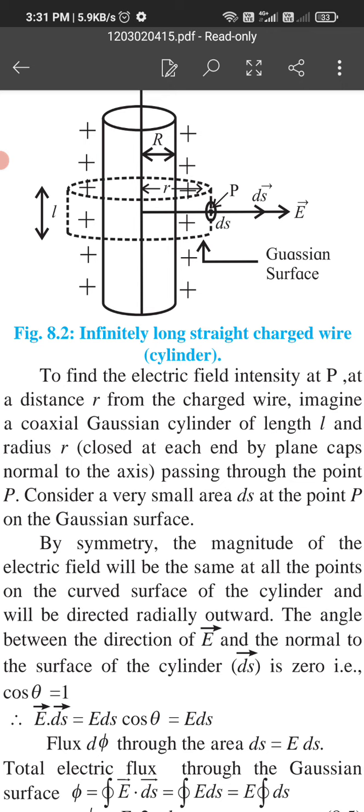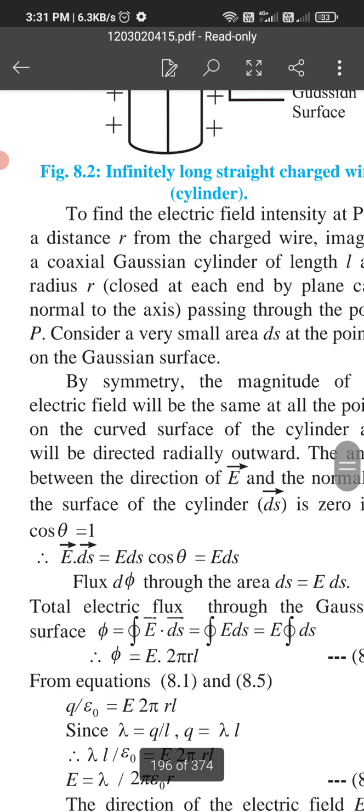The electric flux through area ds is equal to E ds, then total electric flux through the Gaussian surface phi is equal to integral E vector dot ds vector is equal to integral E ds, which is E, constant, outside the integral, into ds. So the surface area of the cylinder gives phi is equal to E into 2 pi r l.